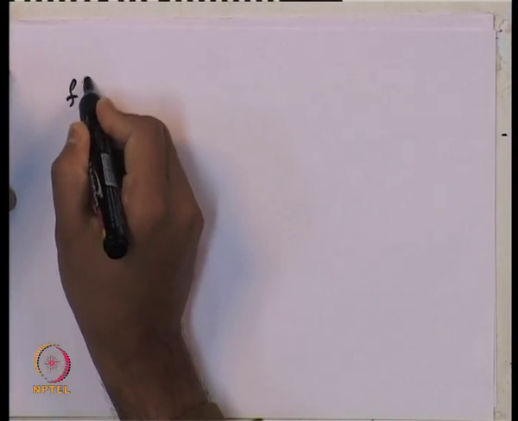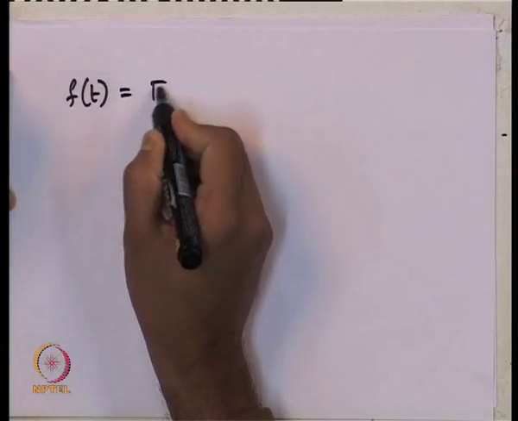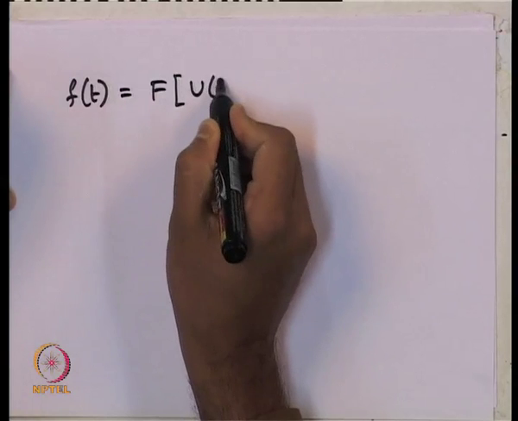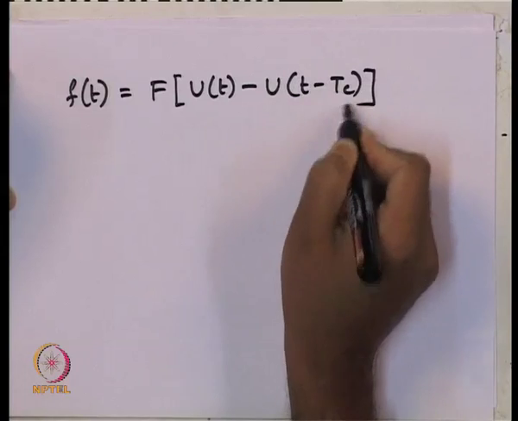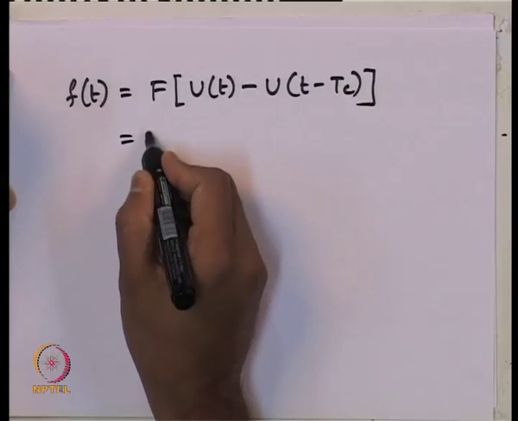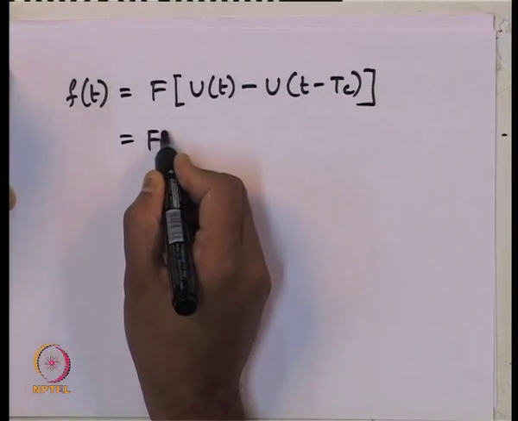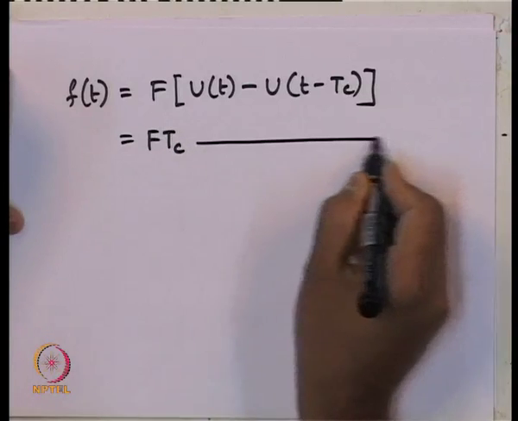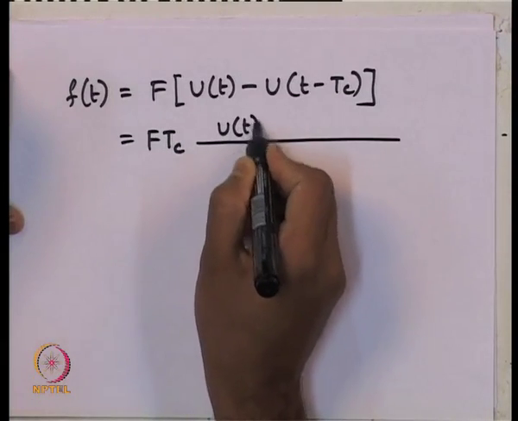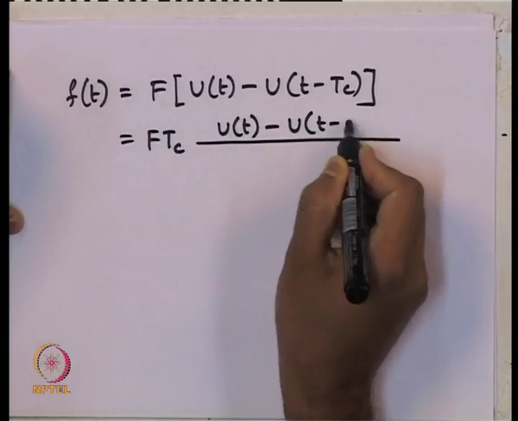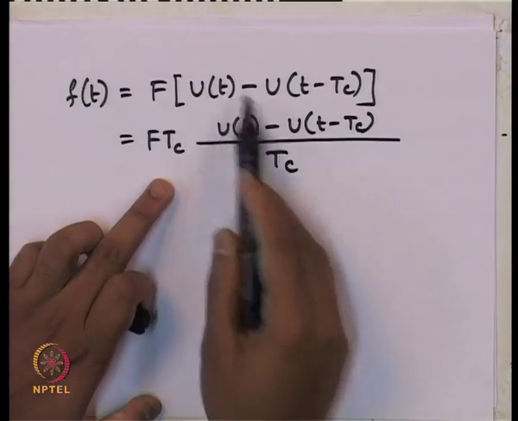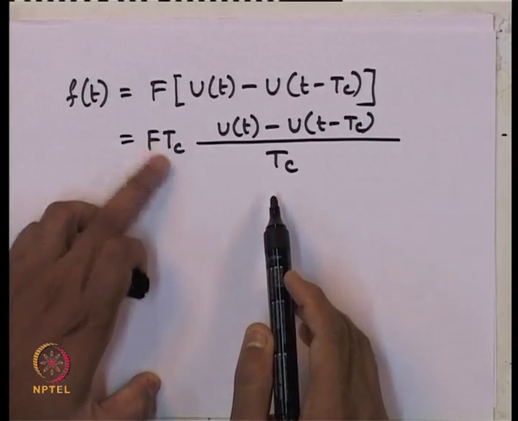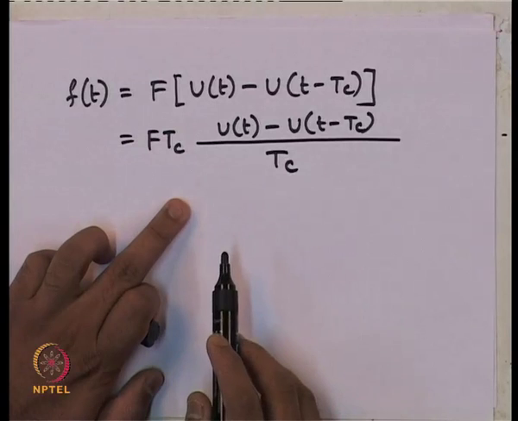What we can do from this f of t, which is f times u of t minus u of t minus T c, we can write it like this: f times T c, times u of t minus u of t minus T c, by T c. We are multiplying T c here and then dividing it here.